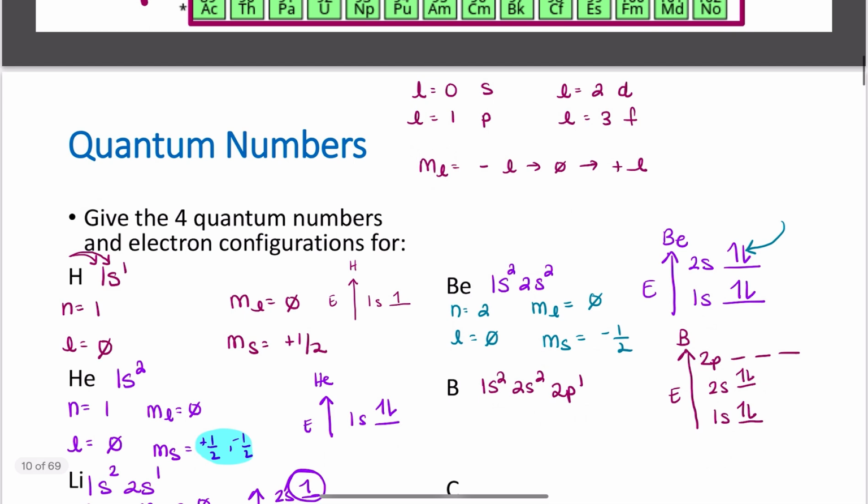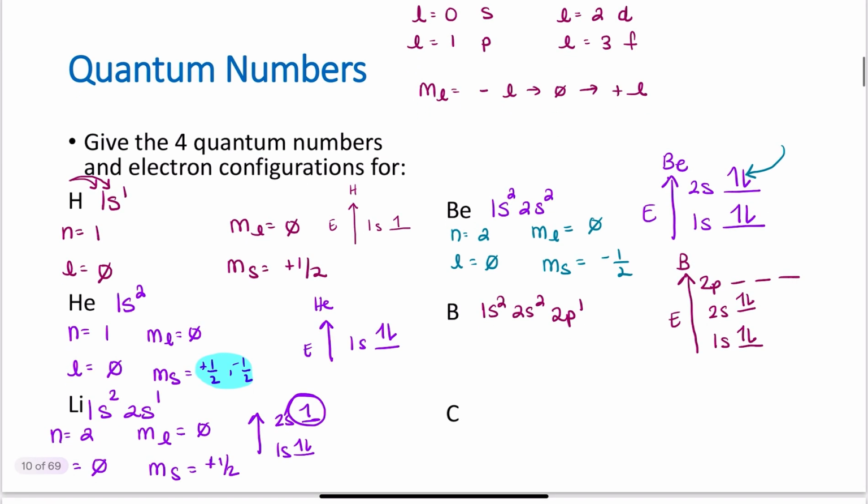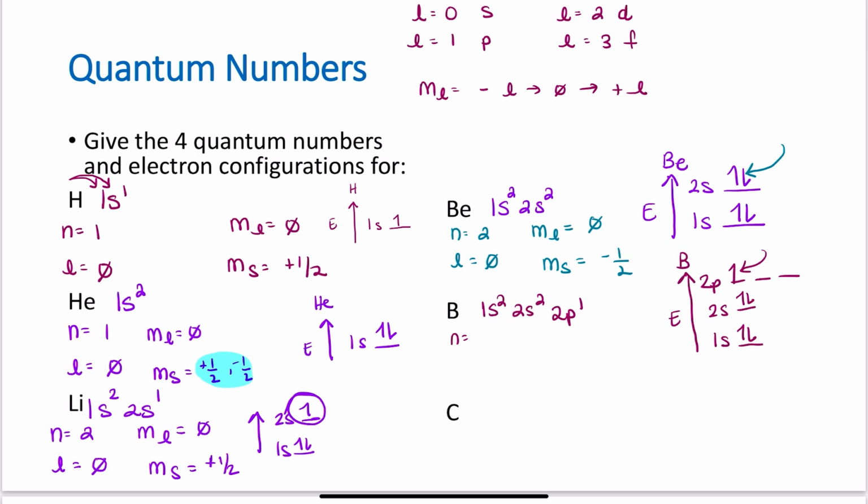So my p's, I do have to draw 3 of them, but I only have 1 electron in them, 2p1. So I'm trying to describe this electron here. N equals 2. L equals 1 because I'm in the p block now. Now my m sub L is going to matter. My m sub L can be -1, 0, or +1.